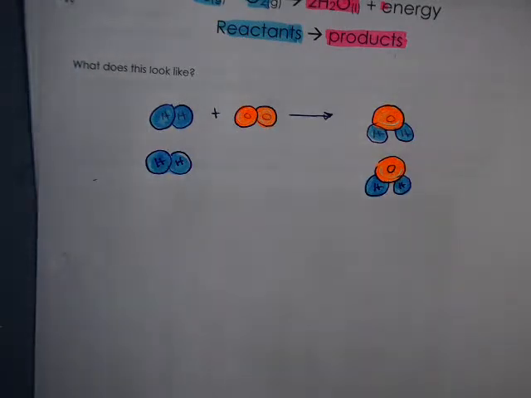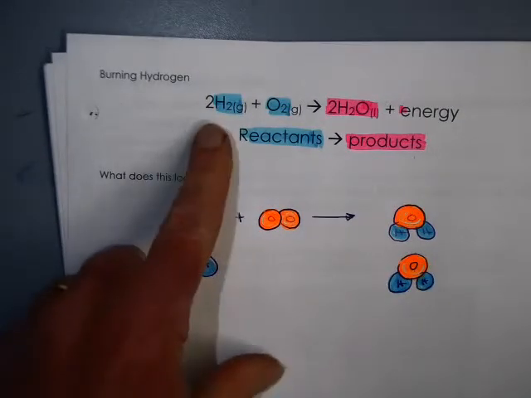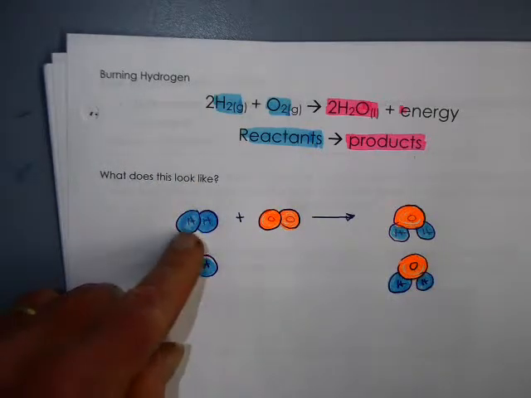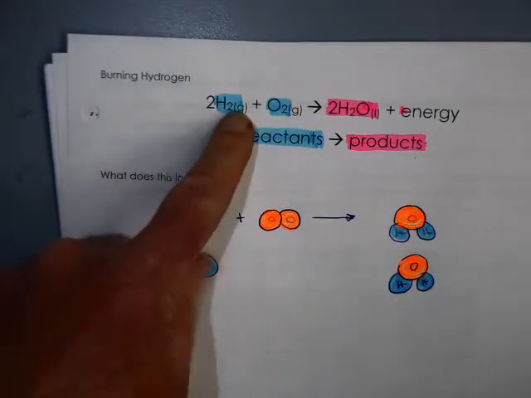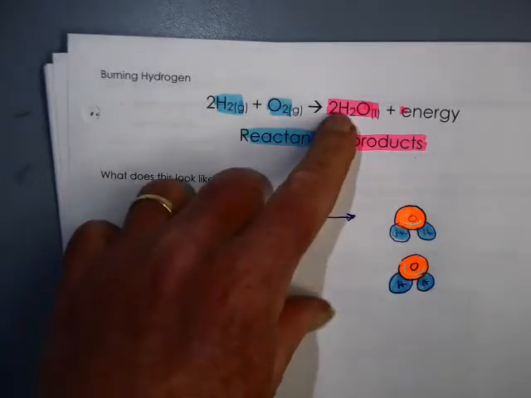Am I there? Calvin says we're here. Calvin is right. Okay? Check this out. Two diatomic hydrogens plus one diatomic oxygen is equal to 2 waters.